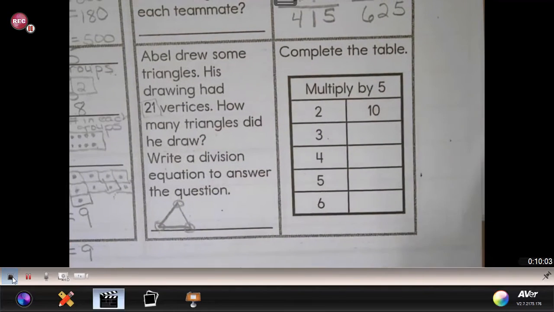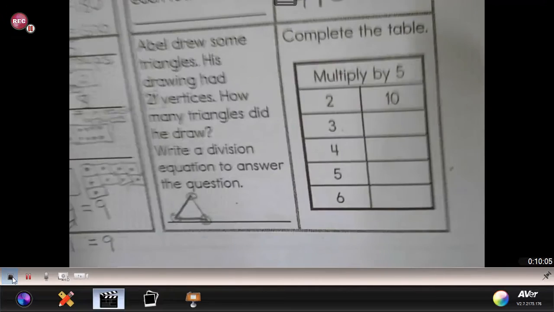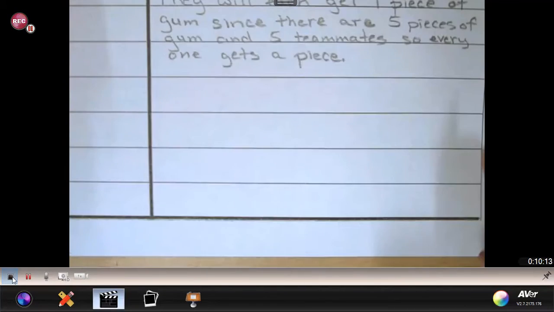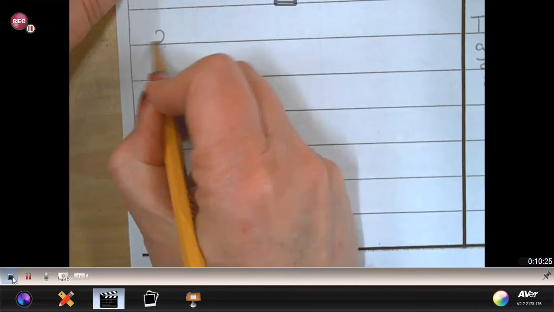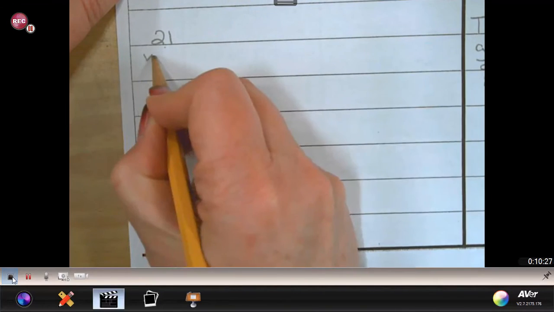So if I had to draw triangles, which I could do, right? Of course I could draw some triangles. I'm going to just come over here to day 1 since I didn't have to use day 1. I could start drawing triangles. So it tells me I have a total of 21 vertices.